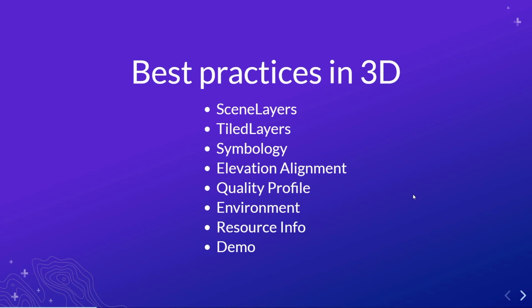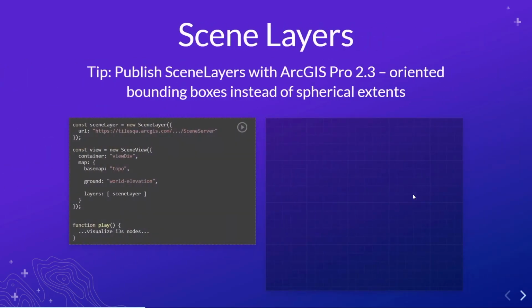And I will conclude by showing you a small demo that I wrote for visualizing performance in the 3D scene view. All right, so let's get started with scene layers.